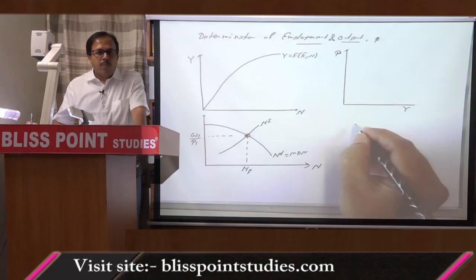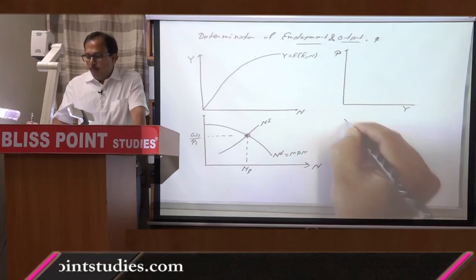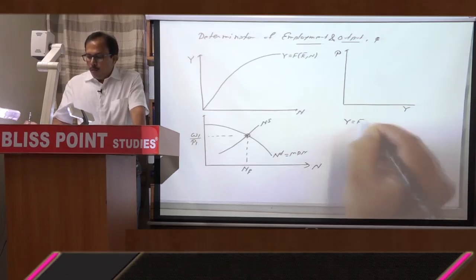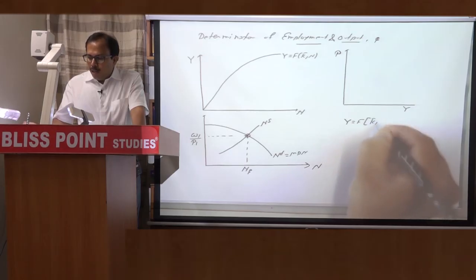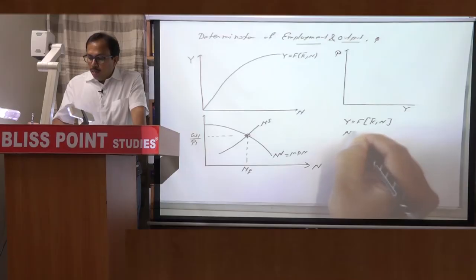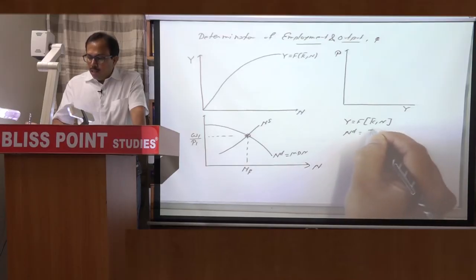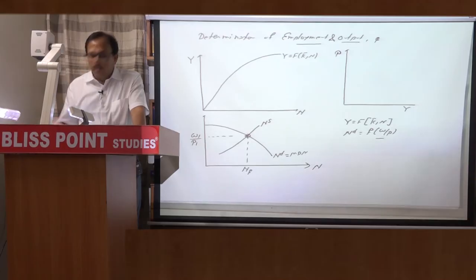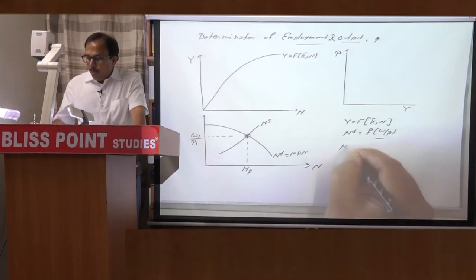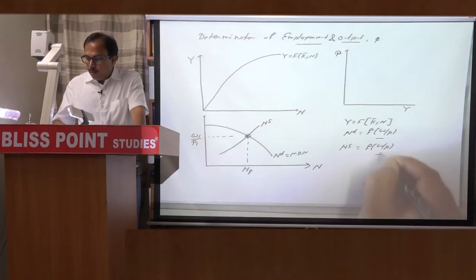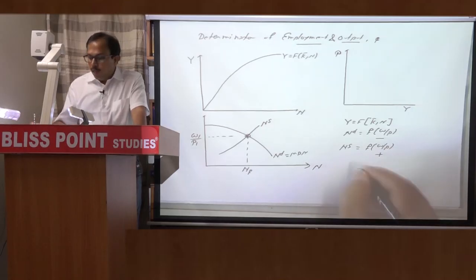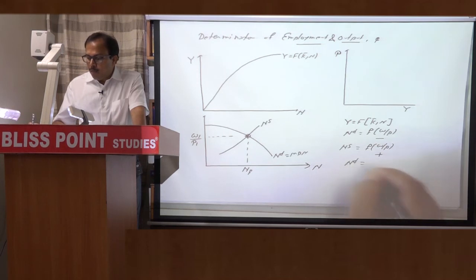Remember, we have written certain conditions now. Production is a function of capital and employment of labor. Labor demand is a function of the real wage but inversely related, negative. Labor supply is a function of the real wage but positive. And for labor market equilibrium, labor demand must be equal to labor supply.